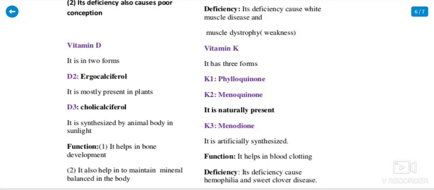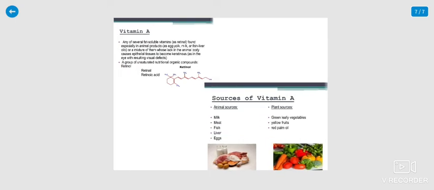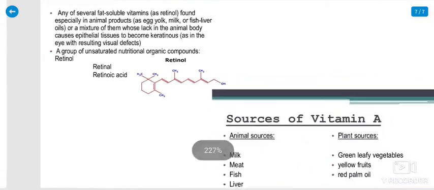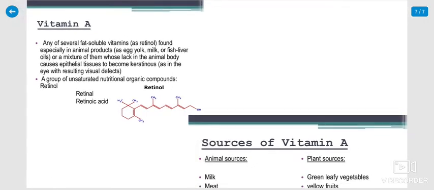So to conclude, among all kinds of vitamins, I have taken vitamin A as an example. Other vitamins I will explain in detail later, with their mechanisms and functions. Here I only classified the vitamins and gave vitamin A as the example. Vitamin A, retinol, is a fat soluble vitamin found especially in animal products like egg yolk, milk, and fish liver oil.